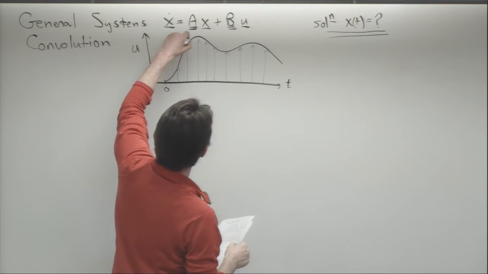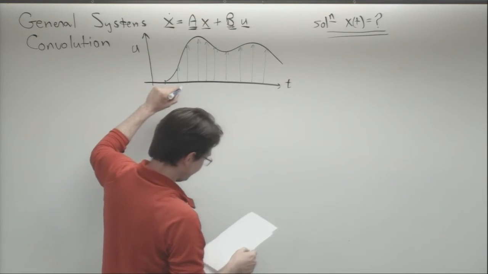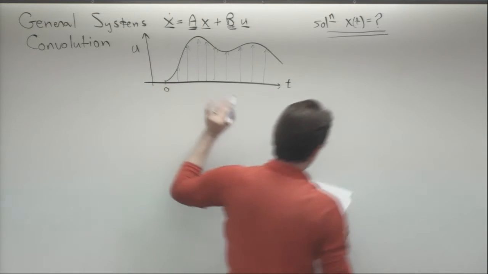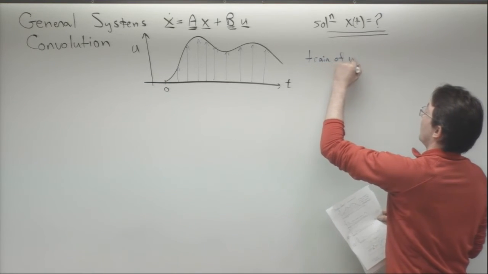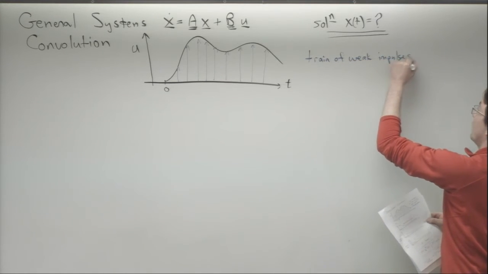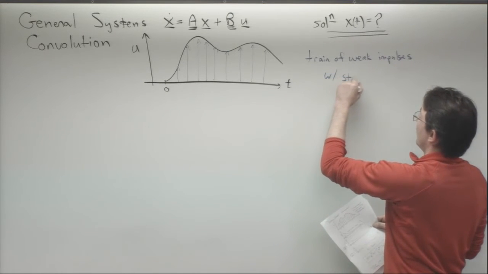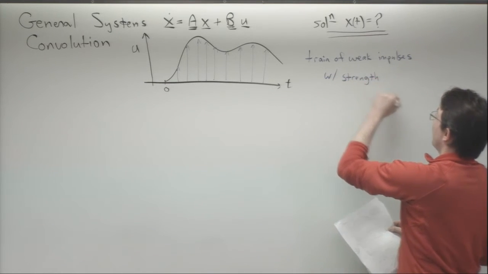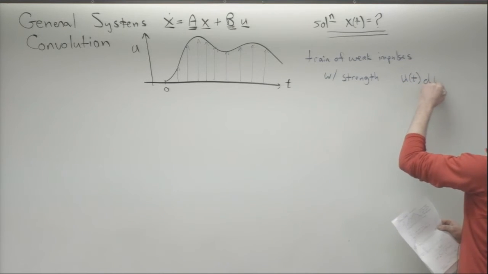And that amount that it goes up or down looks like an impulse. So this is a train of weak impulses. And each of them has a strength given by u at time t times dt.